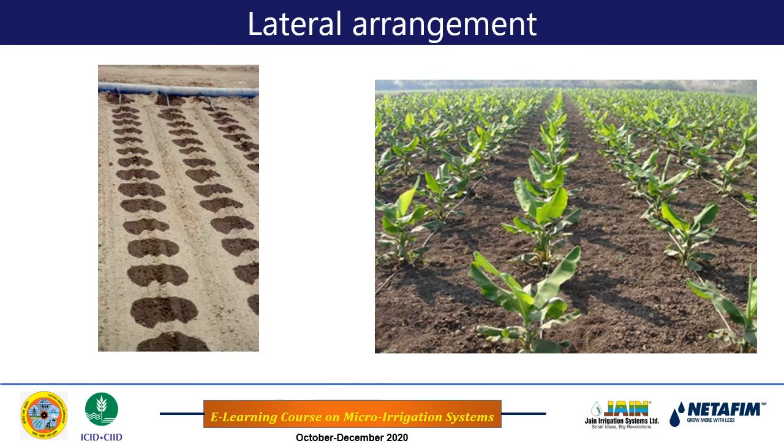But if the plant rows are closer to each other, just like vegetables and other crops, we may consider one lateral for 2 rows of the crop, as I'm going to show you in the next slide.